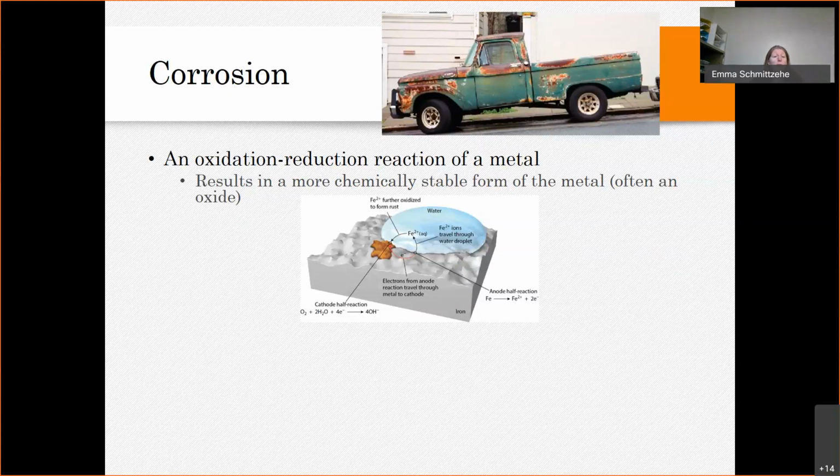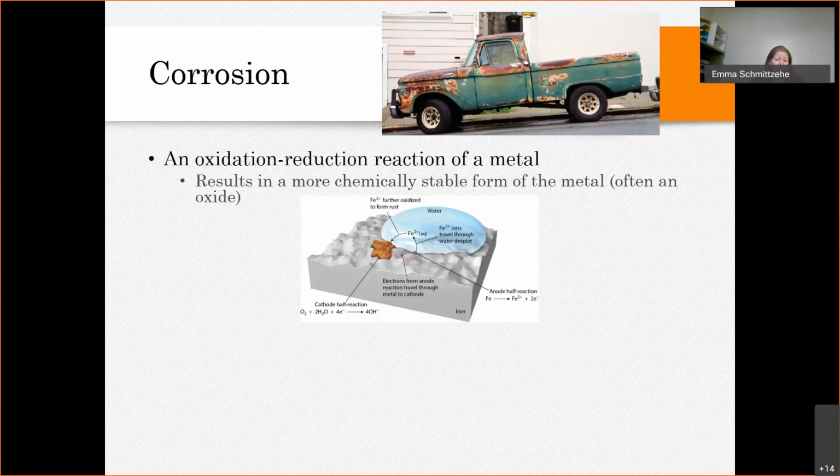Okay, so when some metal rusts, it's a spontaneous redox reaction occurring. It happens because you have water on this exposed metal surface. What happens is the metal gets oxidized, and so it forms really a more stable form of the metal.